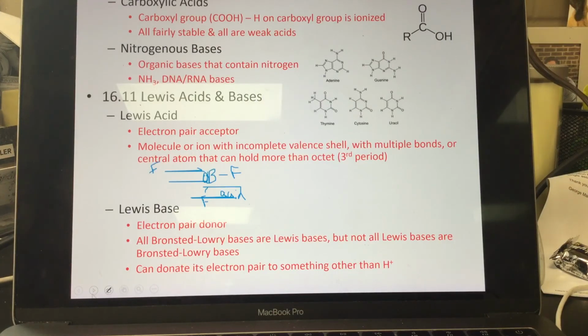And so they can donate a pair of electrons to something. It doesn't have to be to hydrogen ion. Anything that, again, like up here, the BF3, any substance that can accept a pair of electrons, that has an opening, a vacancy, a Lewis base can donate pairs of electrons to.